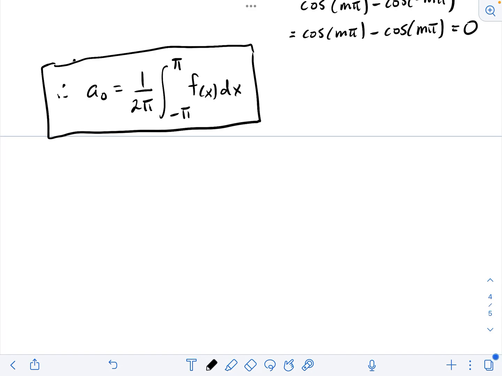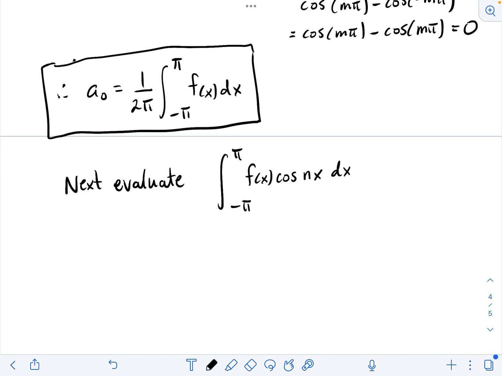And so next we're going to try to evaluate the integral from minus pi to pi of f of x times cos of nx dx.